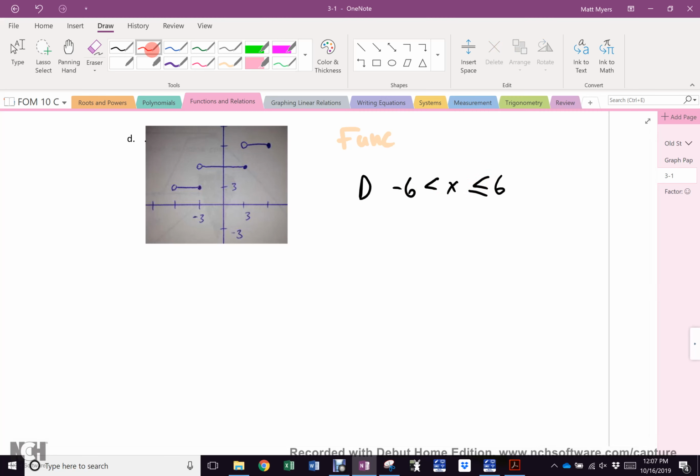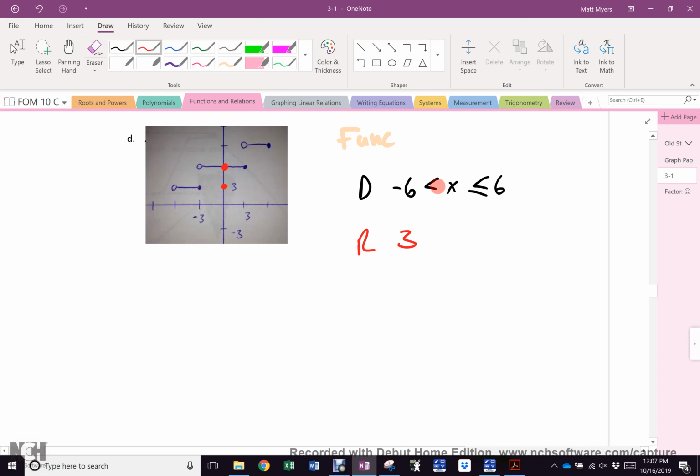Now, what is the range values? They're the y's, yeah? What's the lowest y value that I have? 3. Are there any y values in here? The next one isn't until 6, is it?